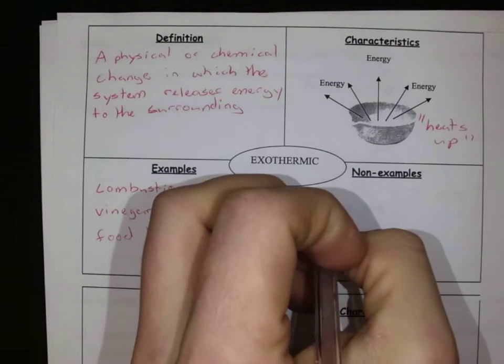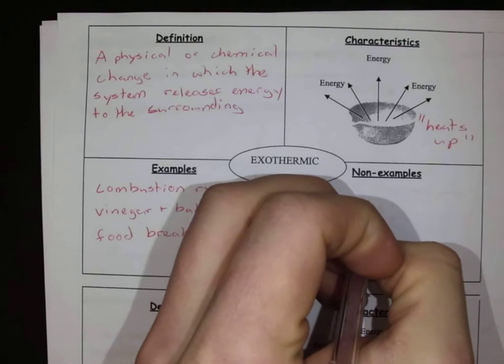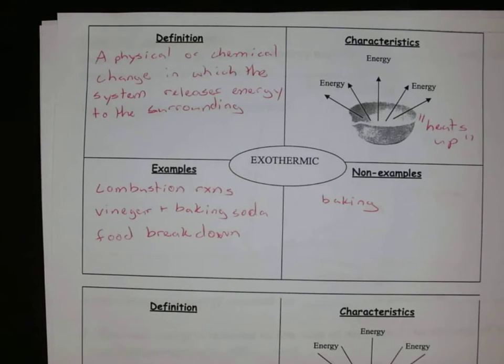Well, something like baking, right? We oftentimes turn on the oven. You think about baking. Well, that is actually going to be putting energy into the system generally, okay? The surroundings would be our oven and whatever we're baking would be our system.